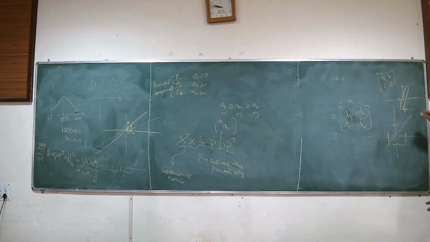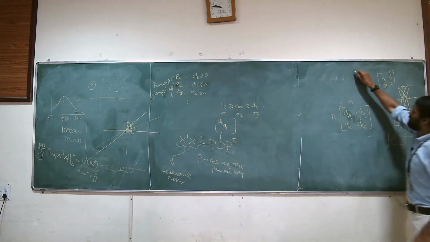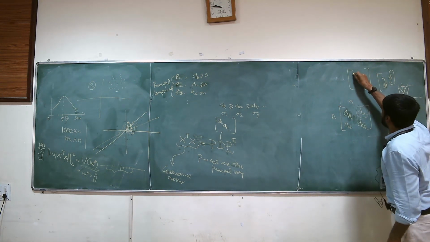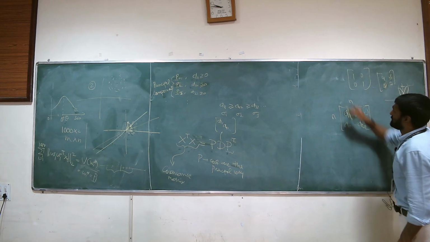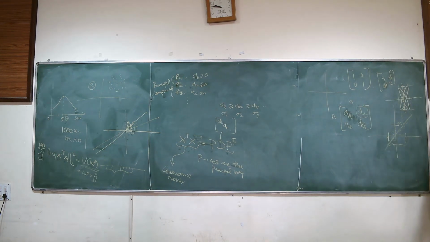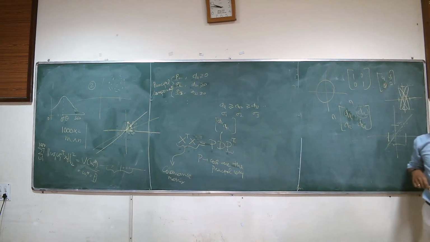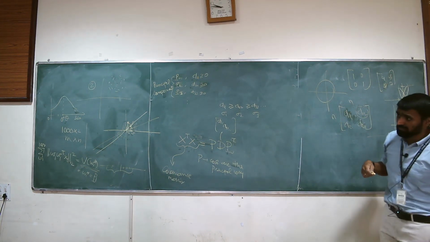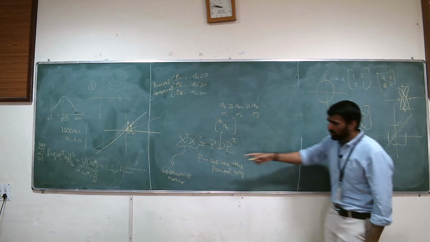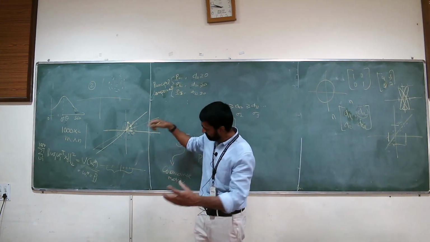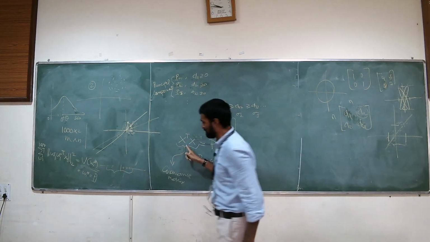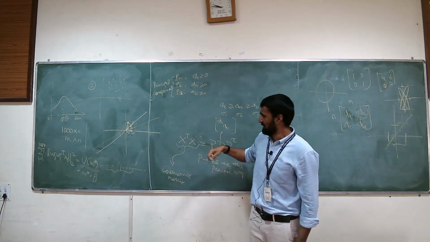If it's -3, then the data would be distributed like this. What would the data be distributed like if the off-diagonals were zero and the diagonals equal? It will simply be a circle. That's the idea. So this idea of how my data is distributed is captured by the covariance matrix.